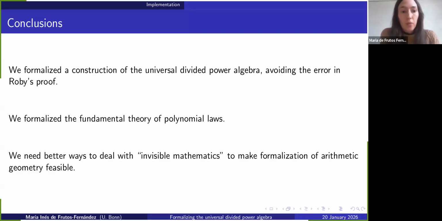Also, while working on this, we formalized the basic theory of polynomial laws. And one big takeaway that we have from this project is that we are going to need better ways to deal with these invisible mathematical issues if we want to make formalization of arithmetic geometry feasible.